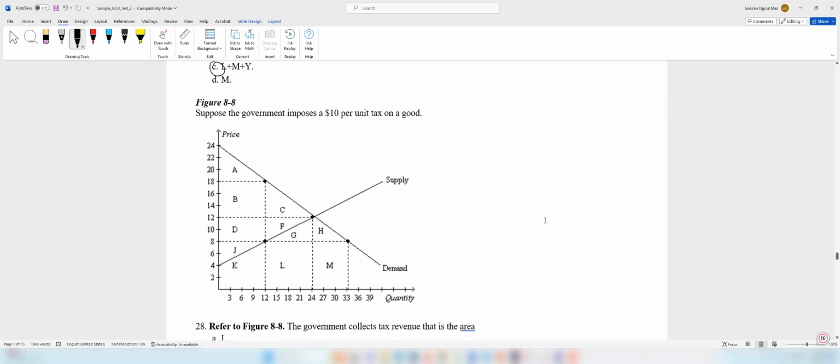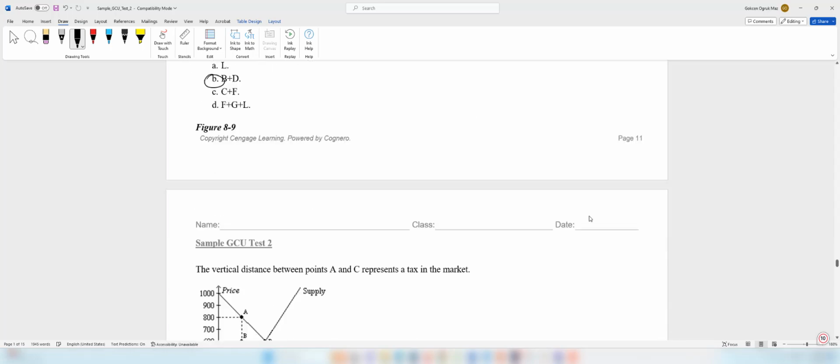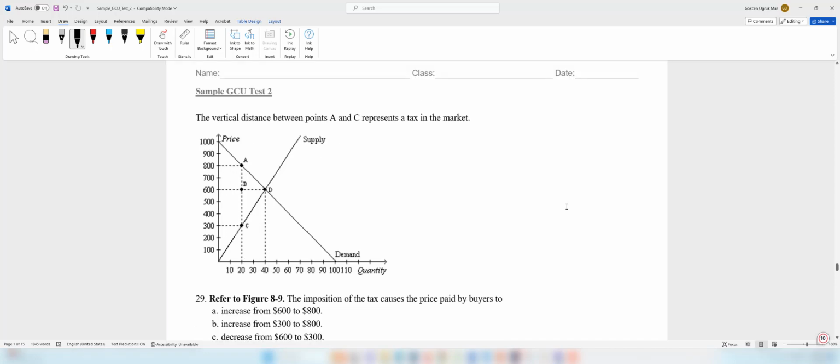Suppose the government imposes a $10 per unit tax on a good. $10 should be here, 18 to 8, right? This is $10. The government collects the tax revenue. So, okay, A is consumer surplus, J is producer surplus, B plus D is the tax revenue, and deadweight loss is C plus F. The vertical distance between points A and C represents the tax in the market.